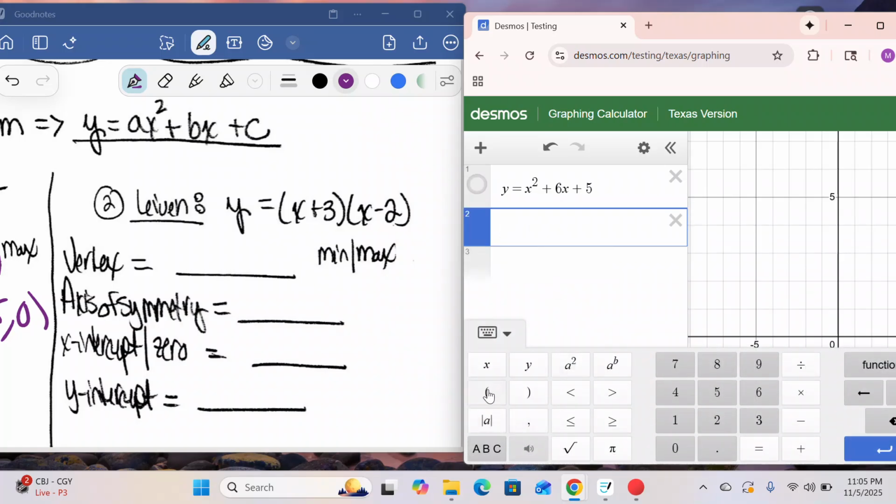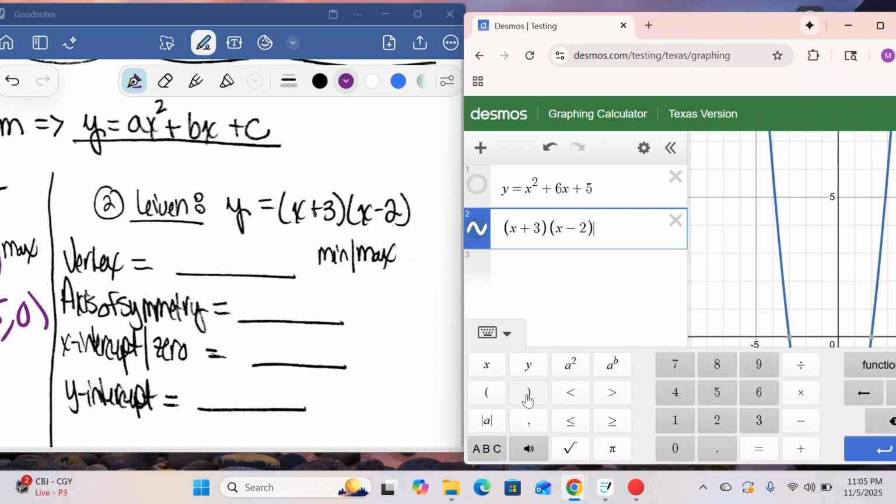I'm just going to put open parentheses, x plus 3, close parentheses, open parentheses, x minus 2, close parentheses. Now, does it hurt to put the y in front of it? No, it doesn't.